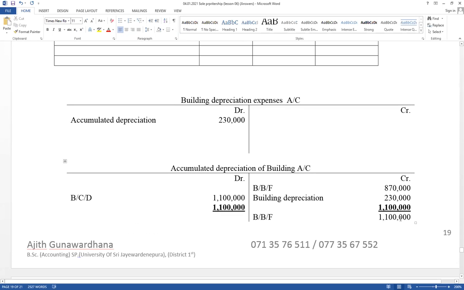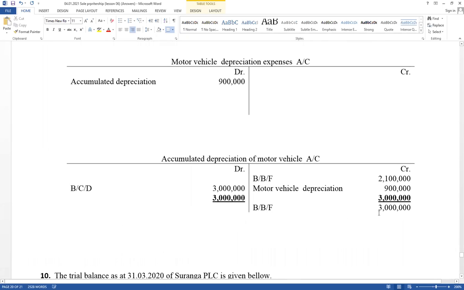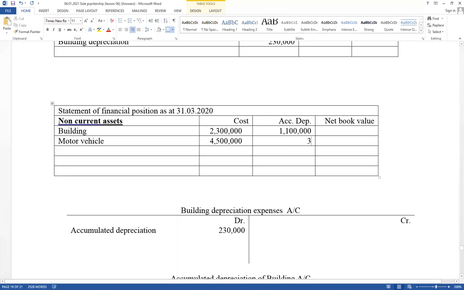This value should be included in the financial position as accumulated depreciation, 1.1 million. And motor vehicle accumulated depreciation equals 3 million closing balance. Therefore, take net book value, cost minus accumulated depreciation. Net book value should be included in the last column.